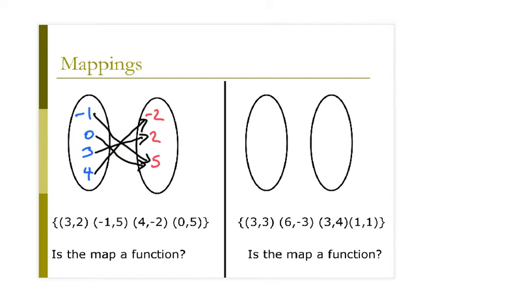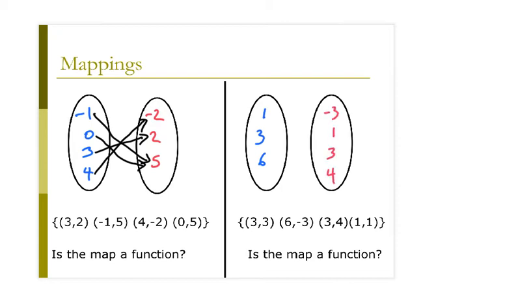For our second mapping, the domain would be the following. Notice that 3 appears twice in the domain. We don't need to write this twice. Let's just write it once. The range would be the following set of numbers. And our mapping would be the following way, based on our ordered pairs.